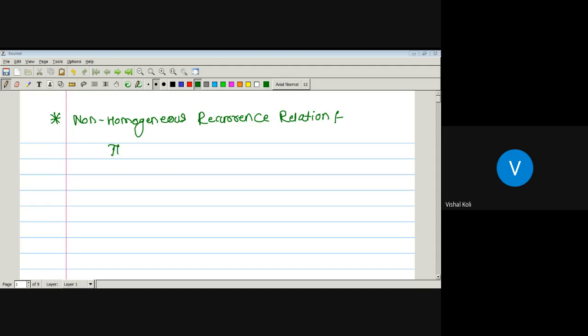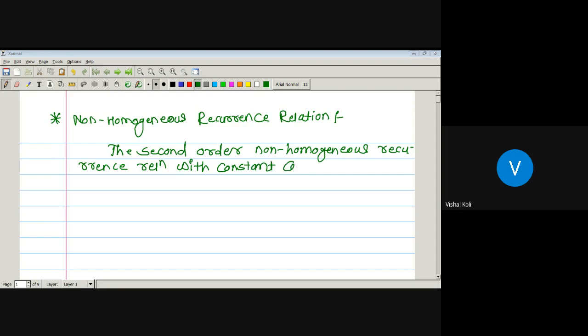The second order non-homogeneous recurrence relation with constant coefficients is of the form a(n+2) plus c times a(n+1) plus d times a(n) equal to f of n.